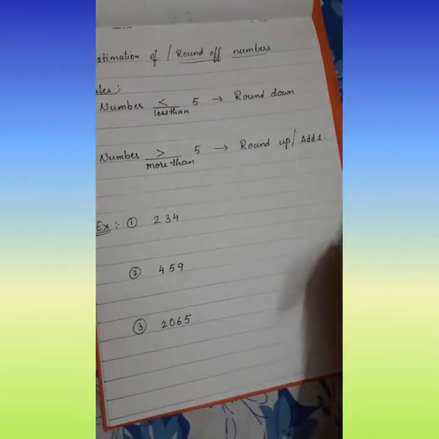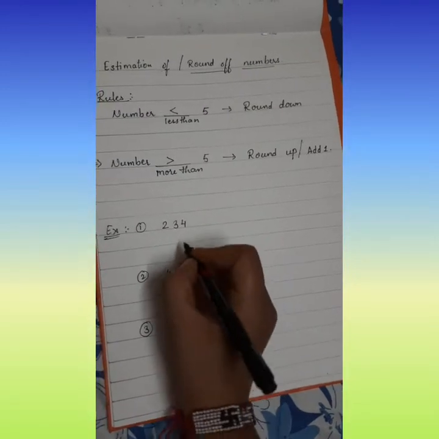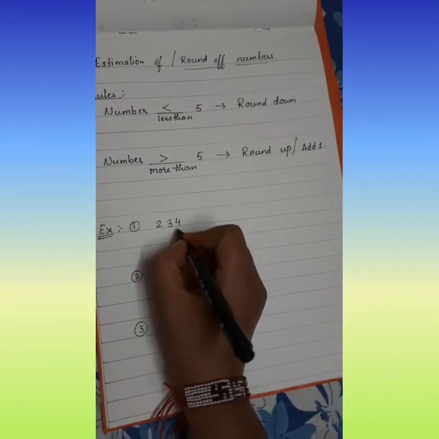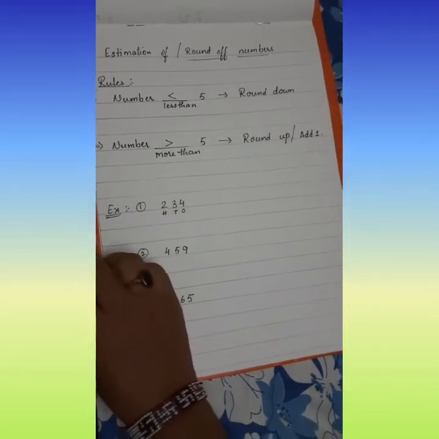One example is 234. First we have to write its place values: ones, tens, hundreds.